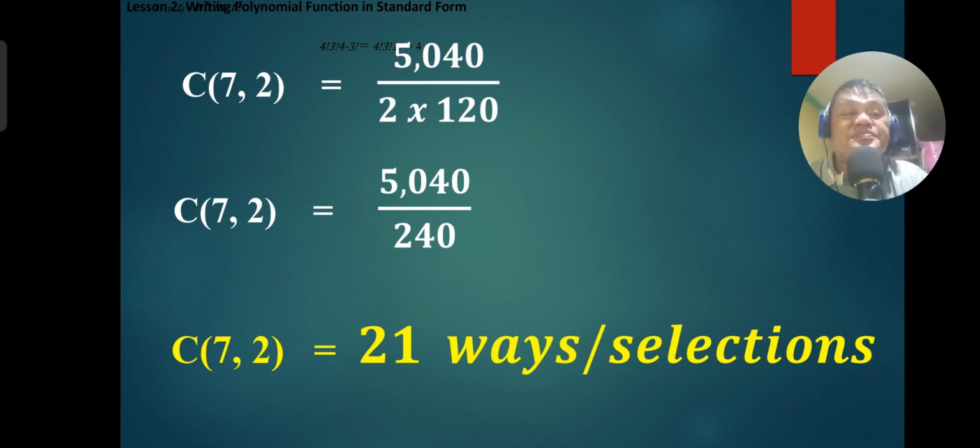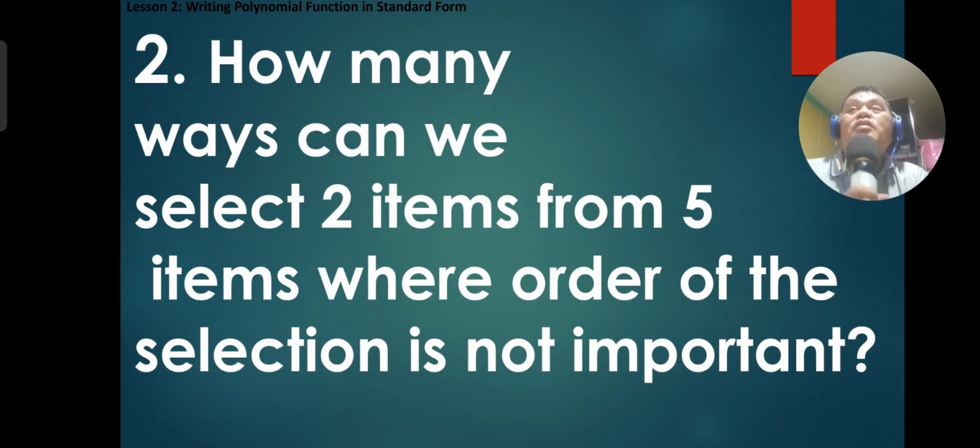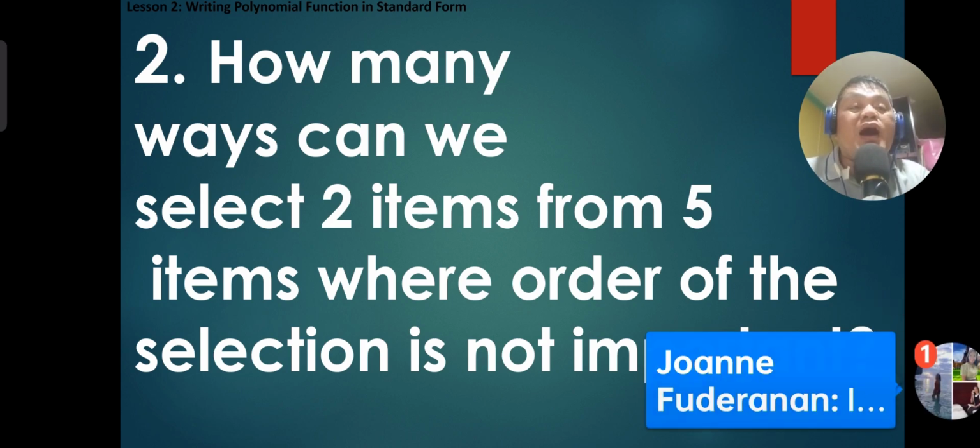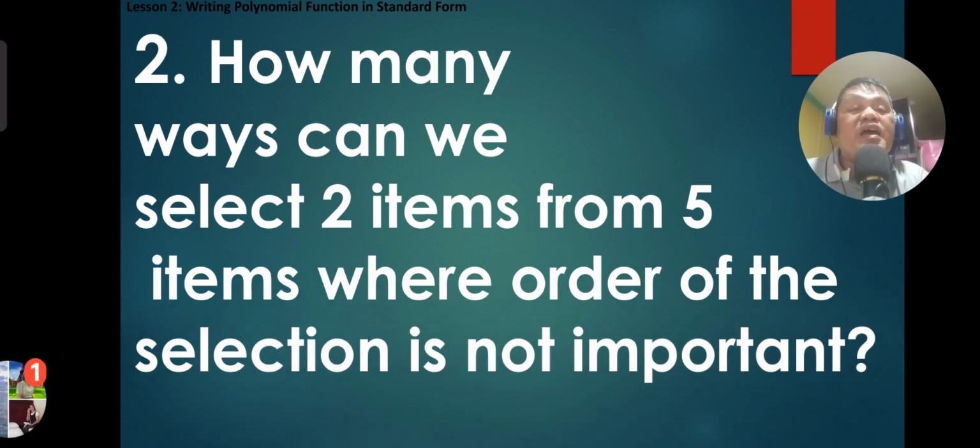Okay, are you following? We have now number 2. How many ways can we select 2 items from 3 items where order of the selection is not important?